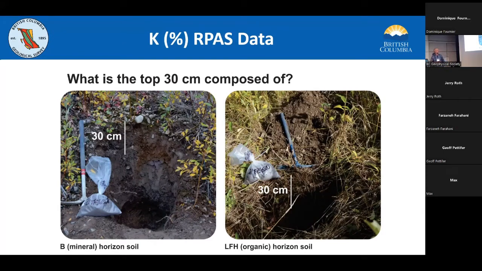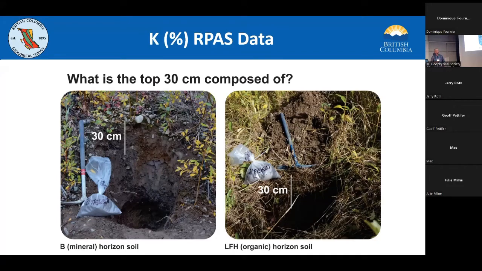So here's a sample site. This is at survey 8, where the top 30 centimeters is dominated by a lithic soil. So it's mostly a B horizon or a transition from a C to a B horizon. So it has a strong gamma ray signal, if you want to think of it that way. This was a sample site in survey 8, the one closest to Mount Polley Mine.